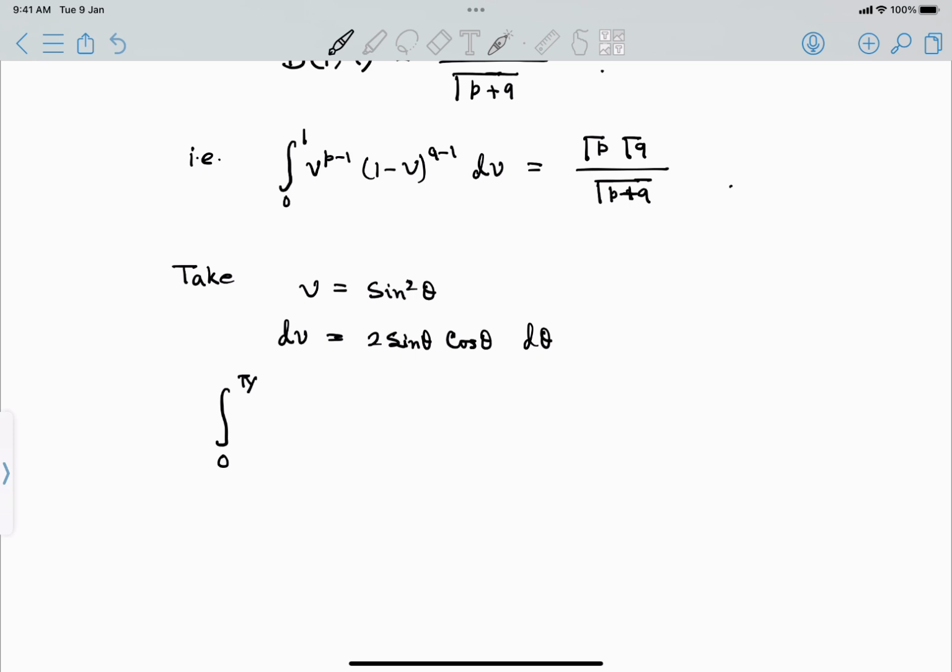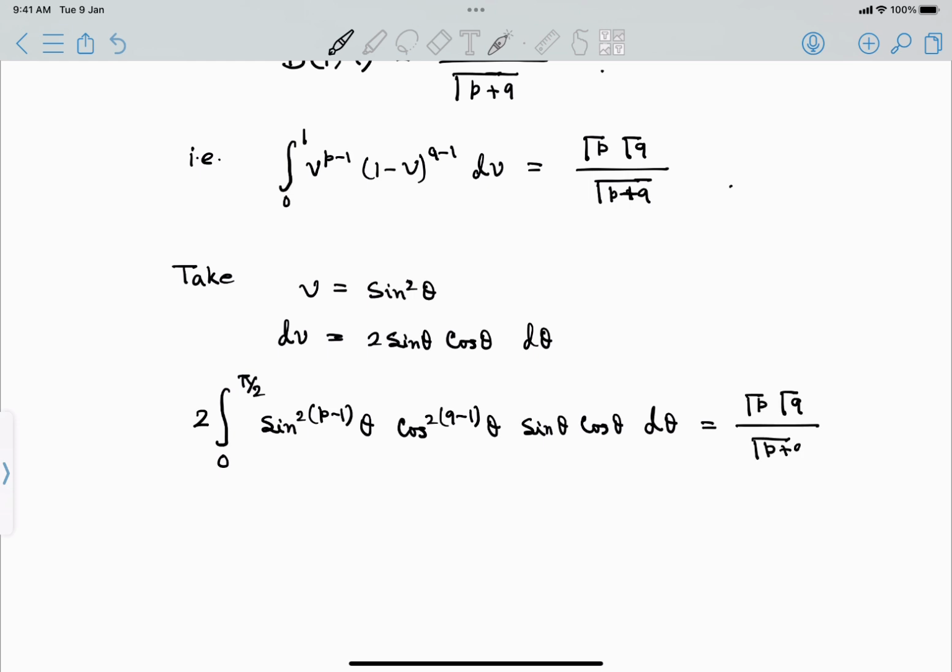Then this will be integral 0 to pi by 2 sine to the power 2p minus 1 theta, and 1 minus sine square is cos square, 2q minus 1 theta, and it is 2 sin theta cos theta d theta. Right, so this is same as gamma p gamma q by gamma p plus q.